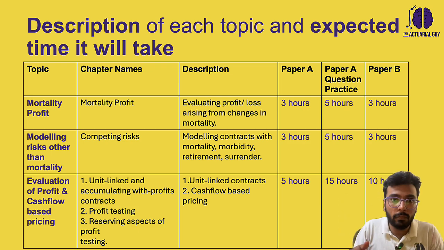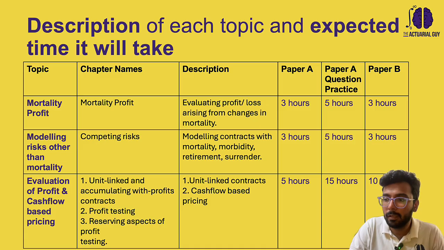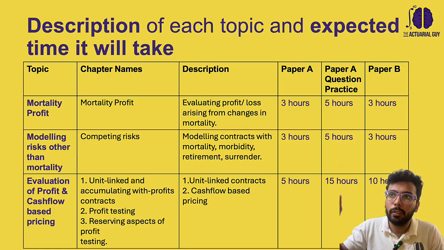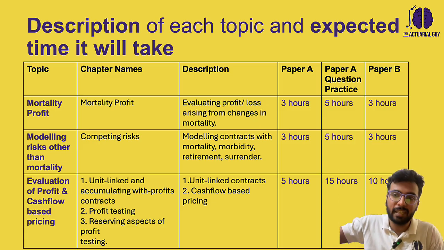Can you do it in even lesser time? Yes, you can, but it is possible for smarter candidates, right, whose mathematical foundations are stronger, and it just generally depends on how safe you want to be from the passing margin, right? So you pass at 50-60%, but if you want to really be safe, you should be aiming for at least an attempt of 90-95 and then scoring 80 ish.